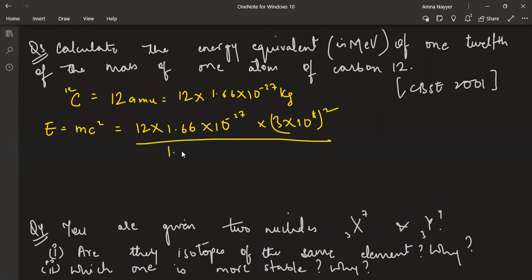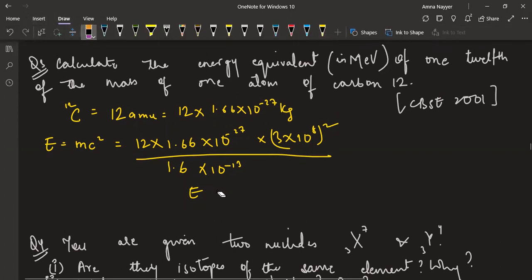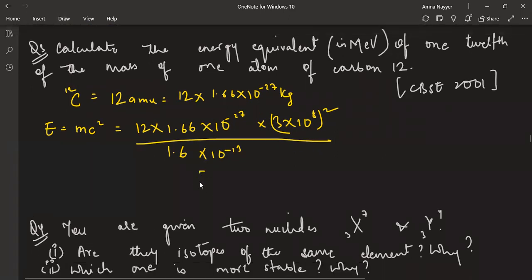So let us divide it by 1.6 into 10 to the power minus 30. Now tell me what is the answer coming. Is it still coming 930 or 940 what you people were getting? If same method you have applied. Tell me what's the answer that is coming. See, this will almost get cancelled.